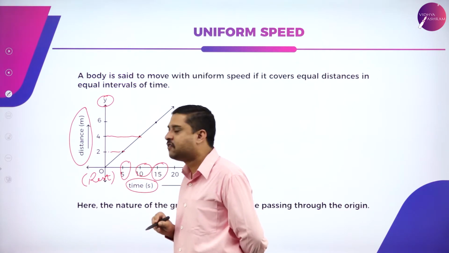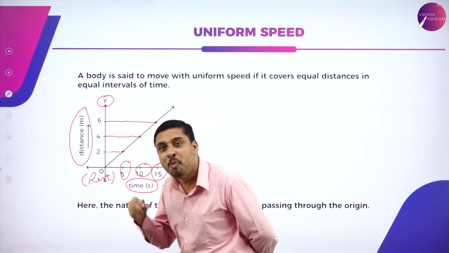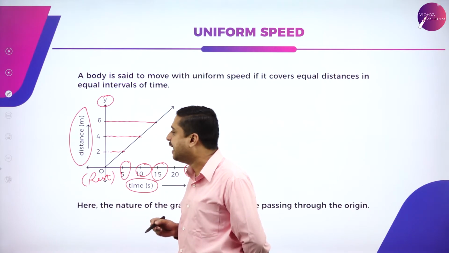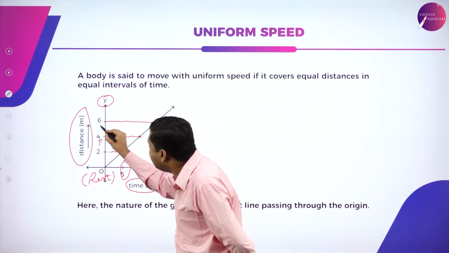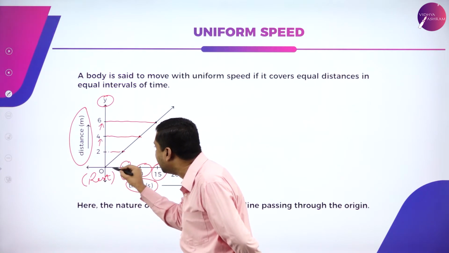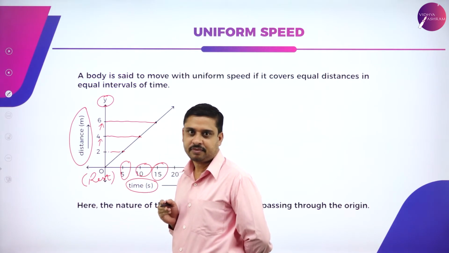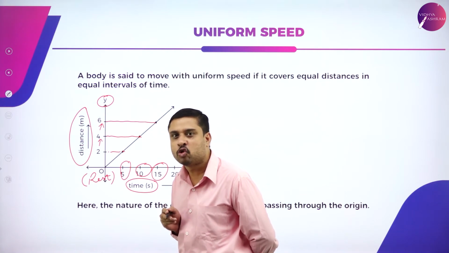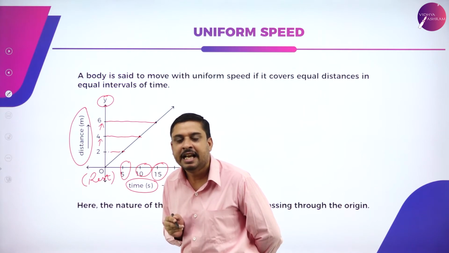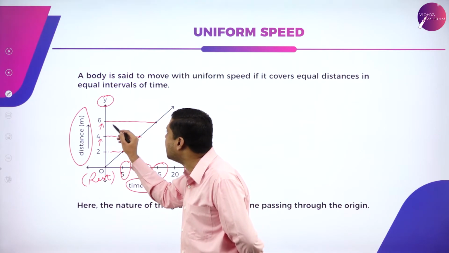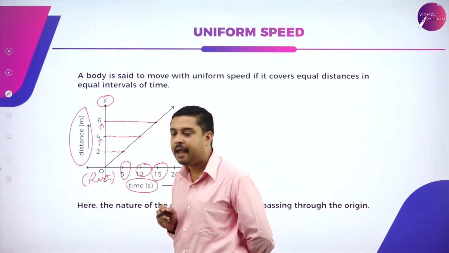Again in 5 seconds, it has covered 2 more meters, which means it is traveling equal distances in equal intervals of time. Very clearly the graph shows that the body has covered equal distances in equal intervals of time.